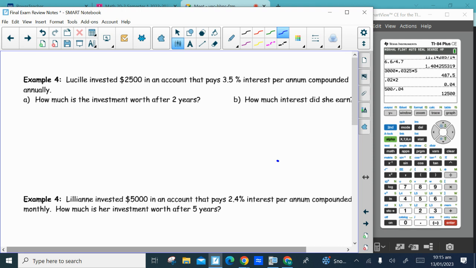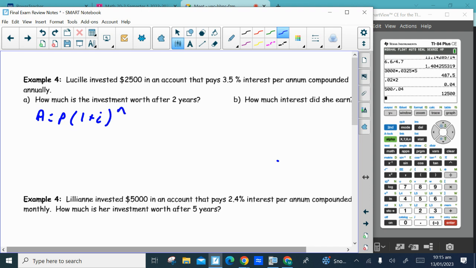Now these next ones, it says it's compounded. Lucille invests $2,500 into an account that pays 3.5% interest per annum, and it's compounded annually. How much is the investment worth after 2 years? So it's compound interest, so we have to use, actually, it's amount equals principal times 1 plus i to the power n.